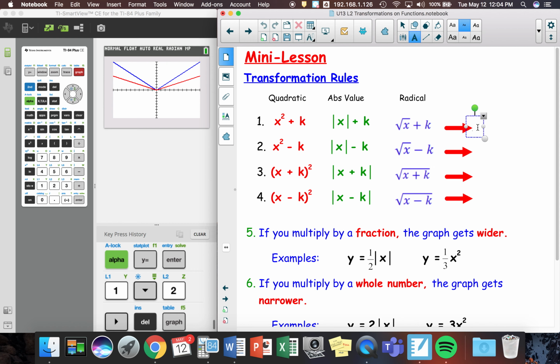Okay, so when we're adding, and it's on the outside, like this here, we have x squared plus 2, or absolute value of x plus 2. Whenever we're adding and that plus sign's on the outside, it means we're going to shift up. Shift 2 units up. And if we have the minus sign, we're going to shift 2 units down.